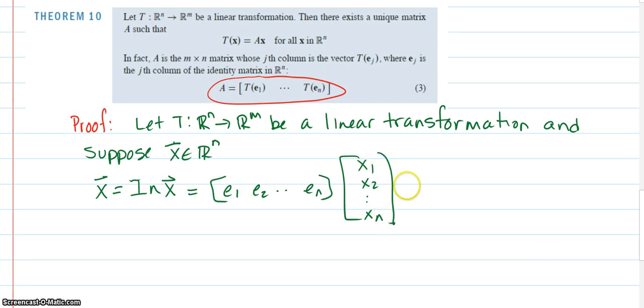And this you can easily multiply because this is 1 by n, this is n by 1, so it's going to be a 1 by 1 quantity. These are vectors, these are entries, so it's going to be x1 times e1 plus x2 times e2 plus all the way to xn times en.